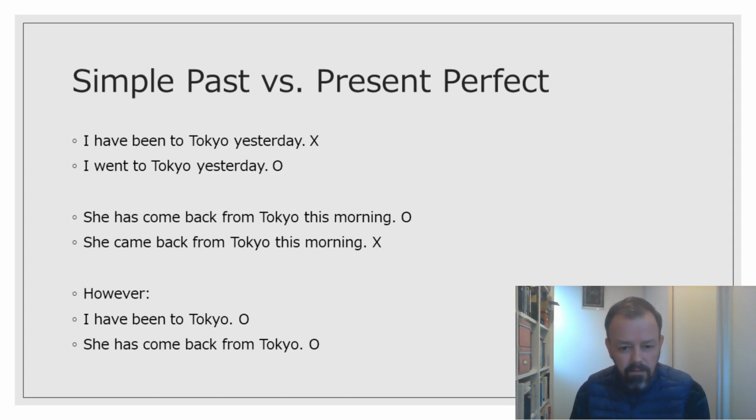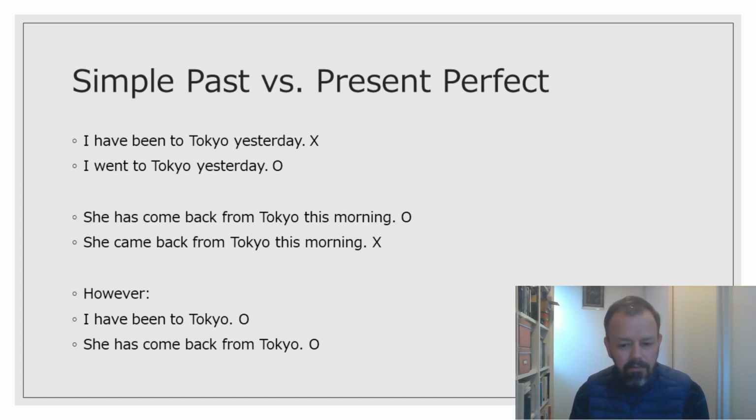Again, we talk about this kind of action after it's finished, and so there's no need to use the present perfect in this situation. It doesn't mean that it's always wrong, because this morning could be an open time period.